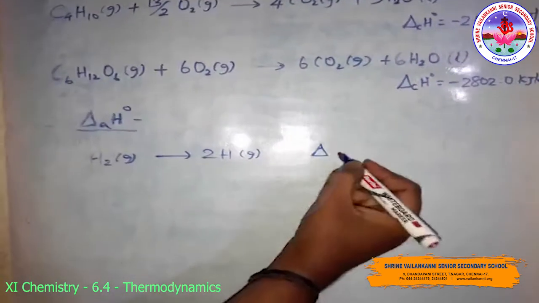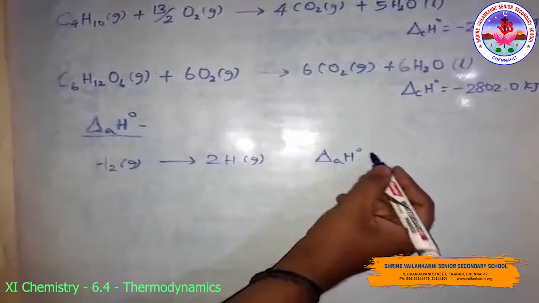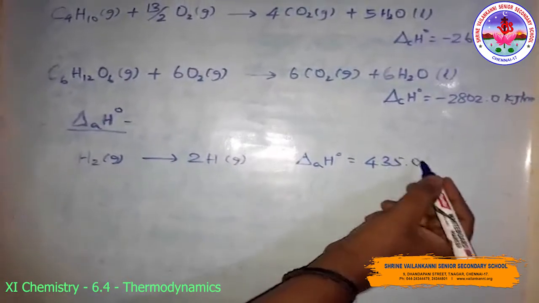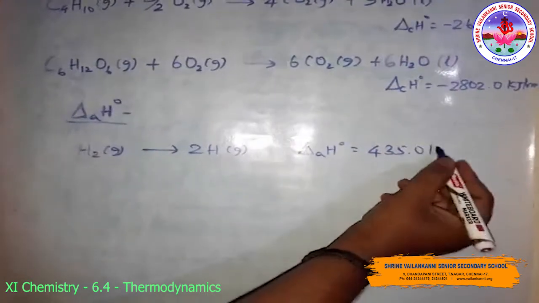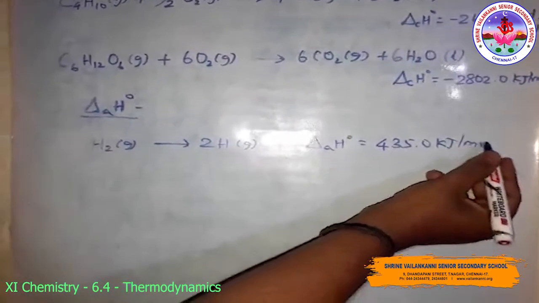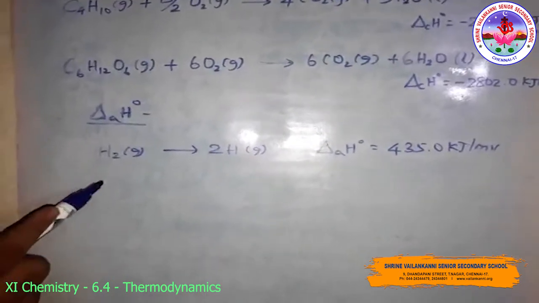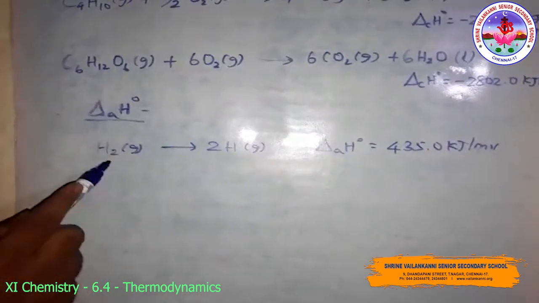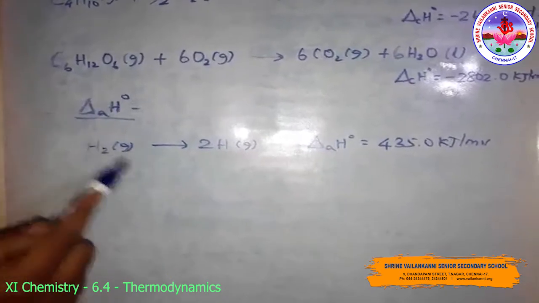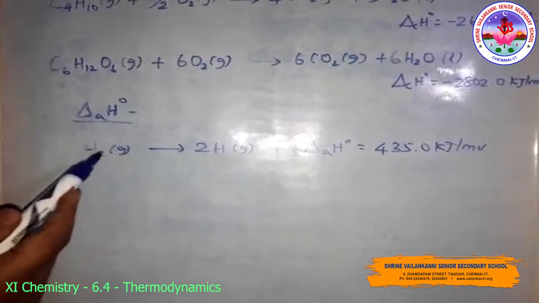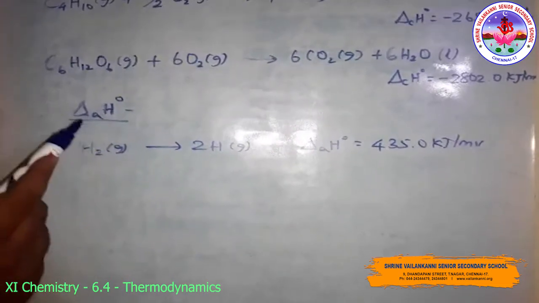Here the enthalpy of atomization is 435.0 kilojoule per mole. You can see that the hydrogen atoms are formed by the breaking of the H-H bond in dihydrogen.